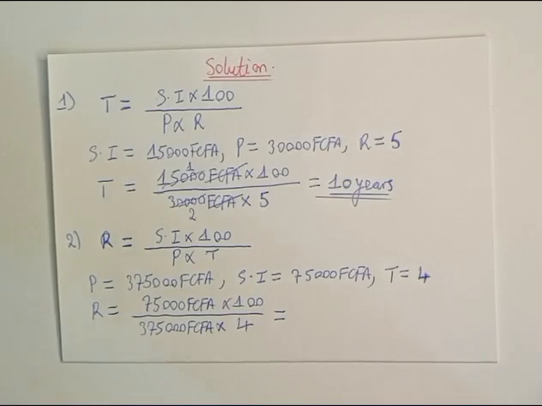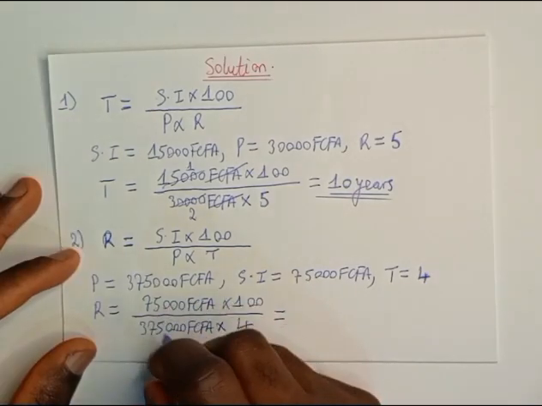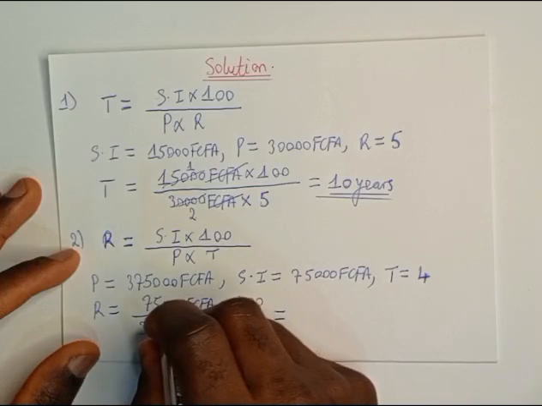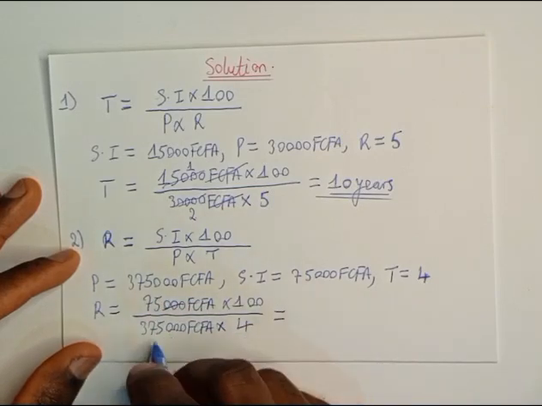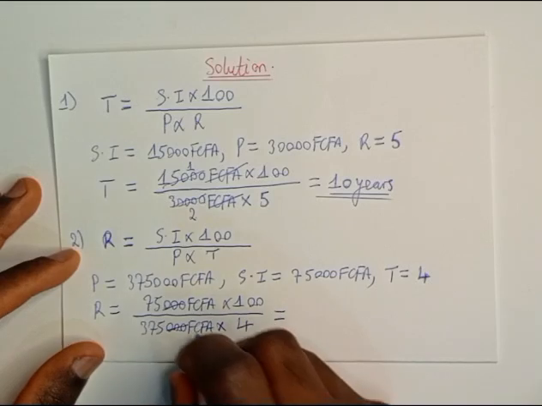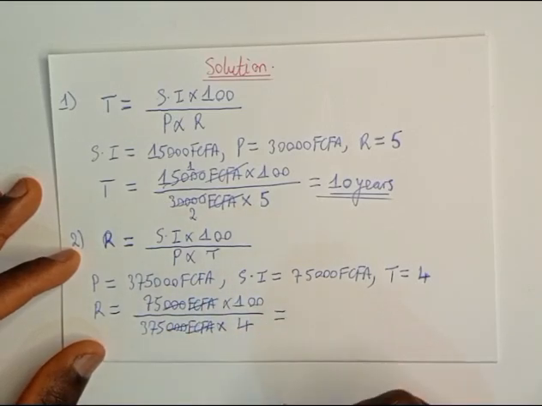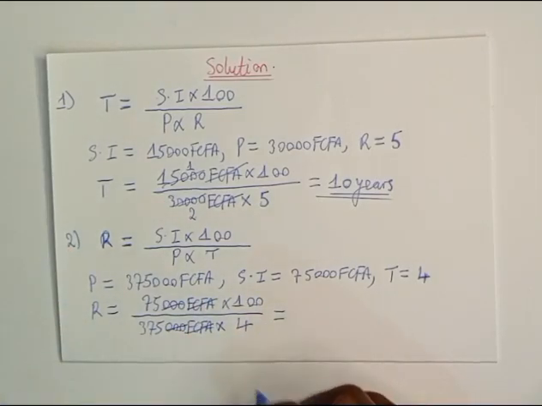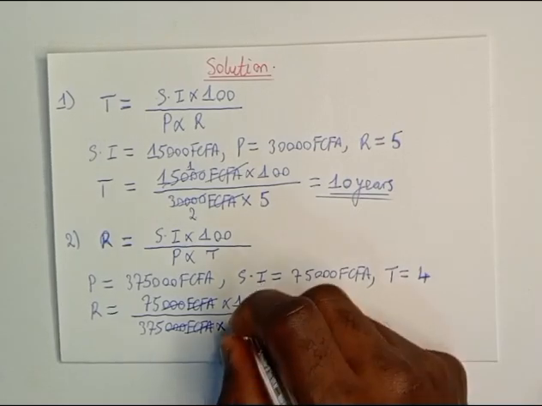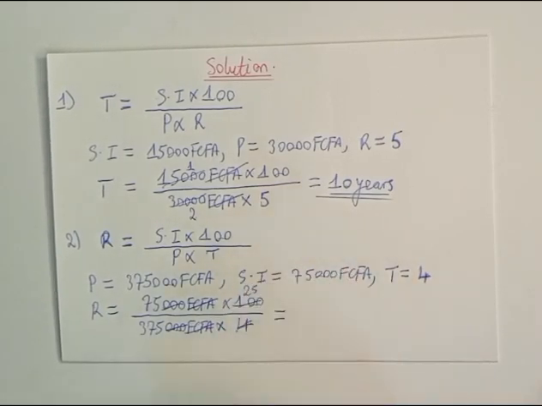And this will simply be equal to, simplifying, 1000 will go into 75,000, 75 times. 1000 will go into 375,000, 375 times. The francs CFA will strike off. 4 will go into 100, 25 times.